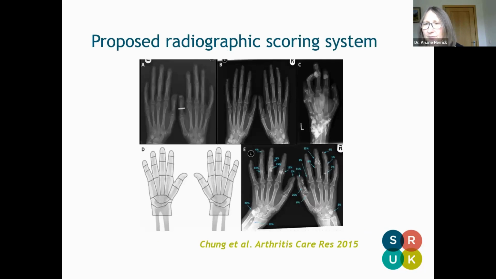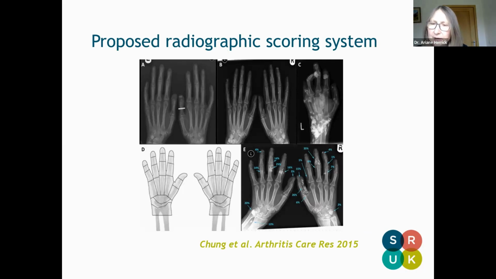So this is a radiographic scoring system that I was involved with about 7 years ago. This was a group of international researchers under a network called the Scleroderma Clinical Trials Consortium, who developed a scoring system for measuring calcinosis of the hands.